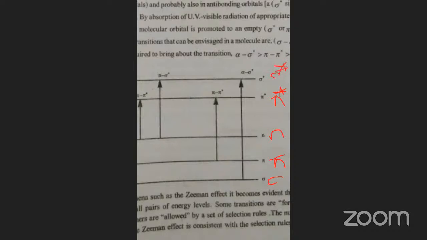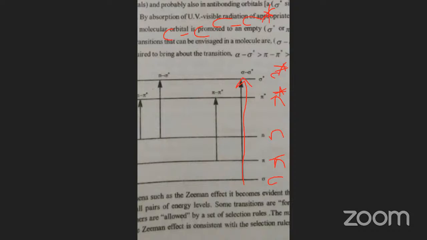When an electron is in a carbon-carbon single bond, suppose a carbon-carbon single bond is present, in this condition the electron is excited in a sigma to sigma star transition. So this is the sigma, this one is the sigma star. The transition occurs between sigma and sigma star. It is called sigma to sigma star transition.